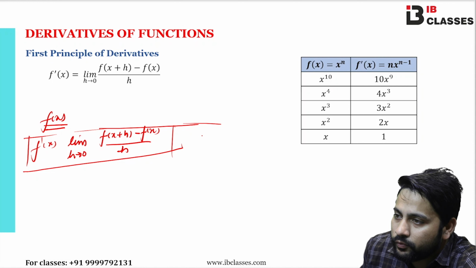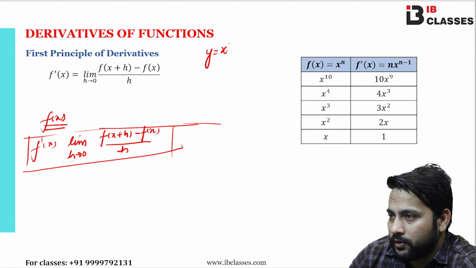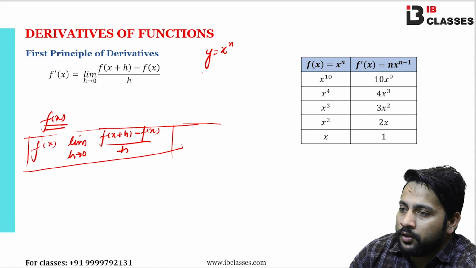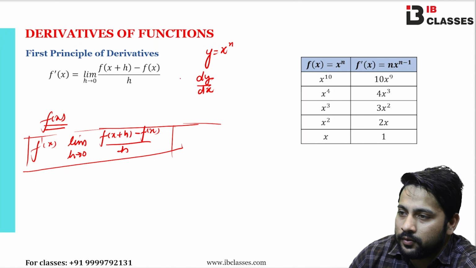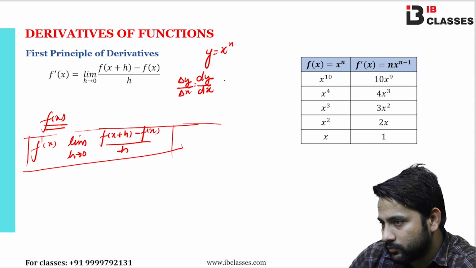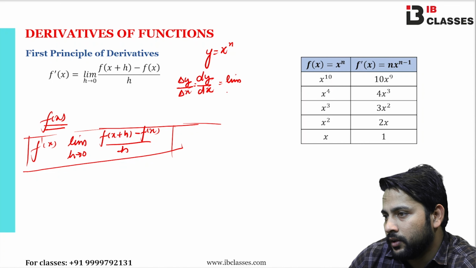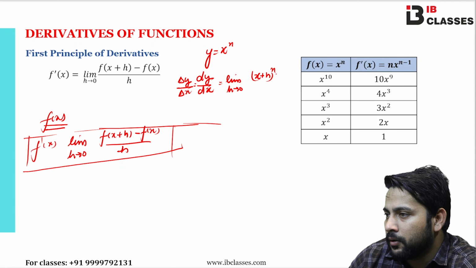Using this, we will try to find the derivative of a function y equals x raised to the power n. So dy by dx will be limit h tends to 0 of (x plus h) raised to the power n minus x raised to the power n over h.